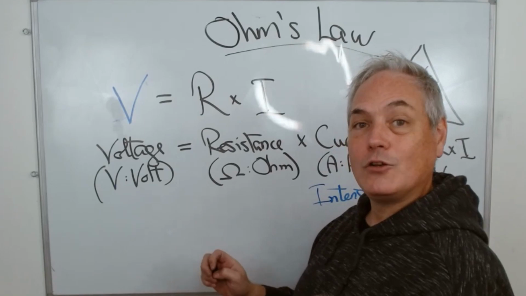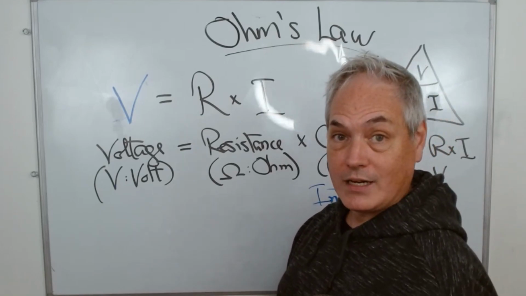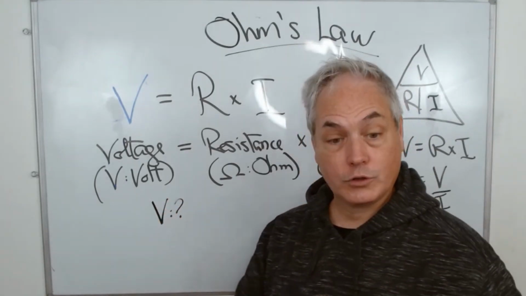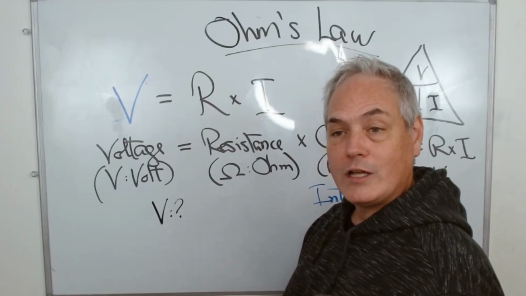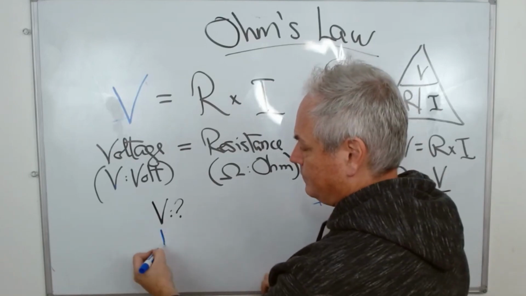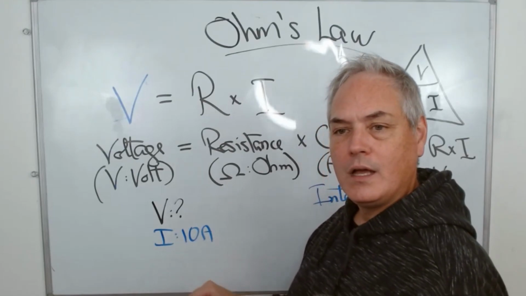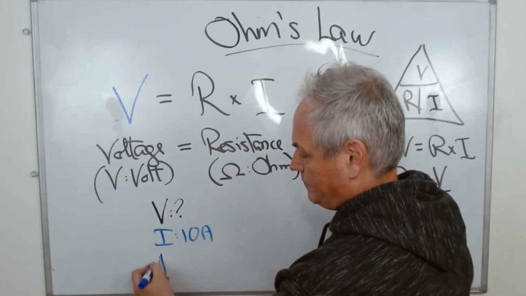So let's look at the information we have. The voltage is missing. We know it is necessary to generate 10 amps of current in a circuit that has 5 ohms of resistance.